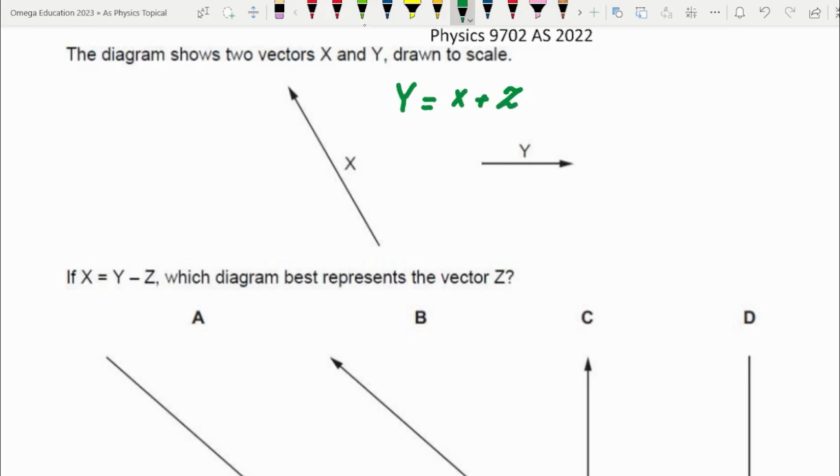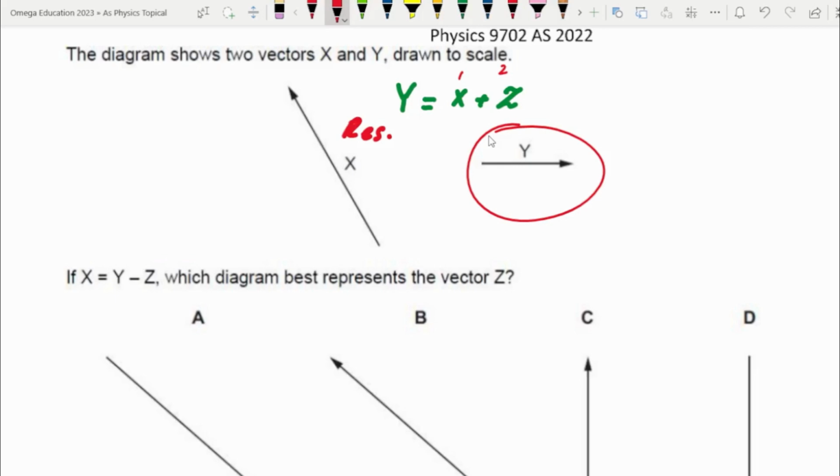So what is y in this equation? y would become your resultant vector, because it is the sum of two vectors. So this is your resultant vector, x is your first vector, z is your second vector. And the resultant vector, which is y, has to be towards the right side.